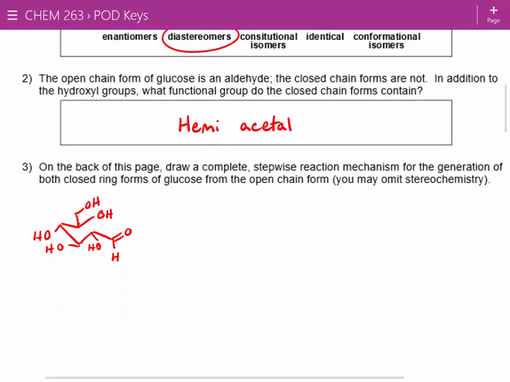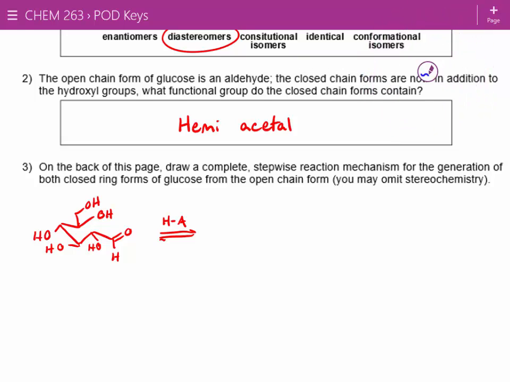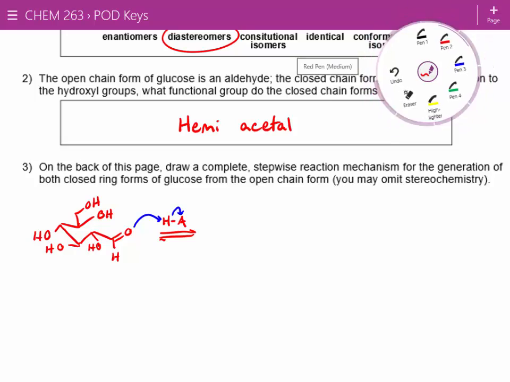All right, so the first step, we've got some sort of acid around. I'll draw this as HA. We normally use something like sulfuric acid or tosylic acid. And we protonate our carbonyl.